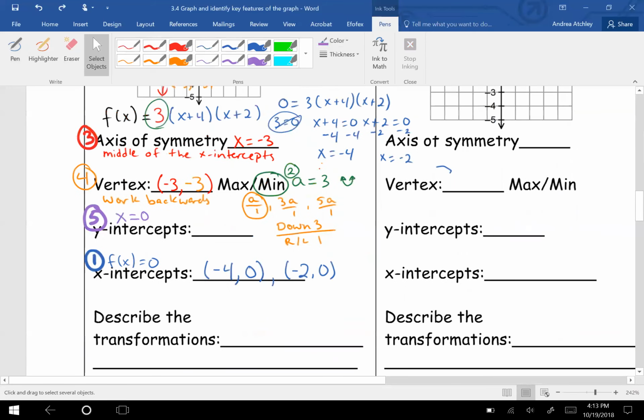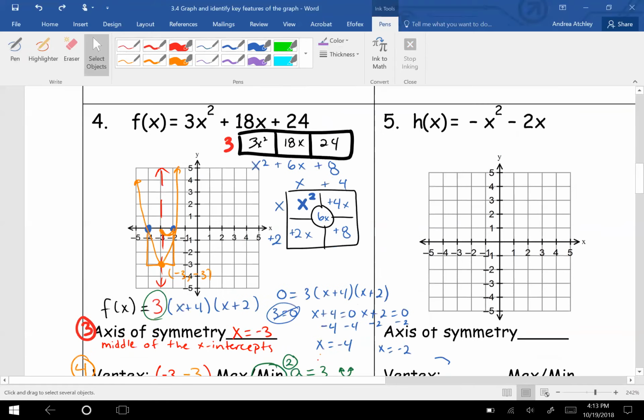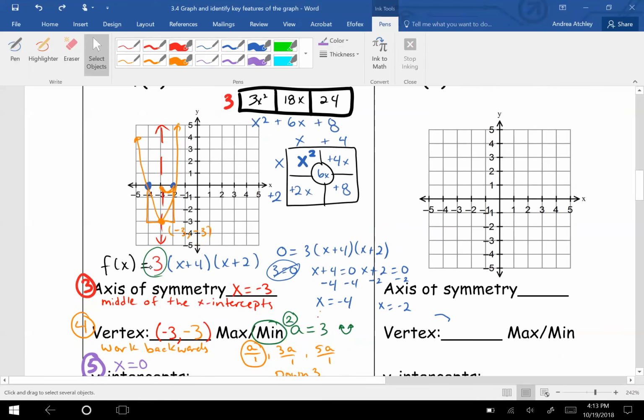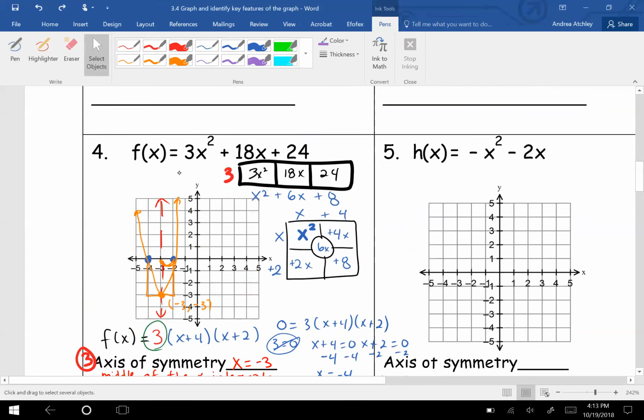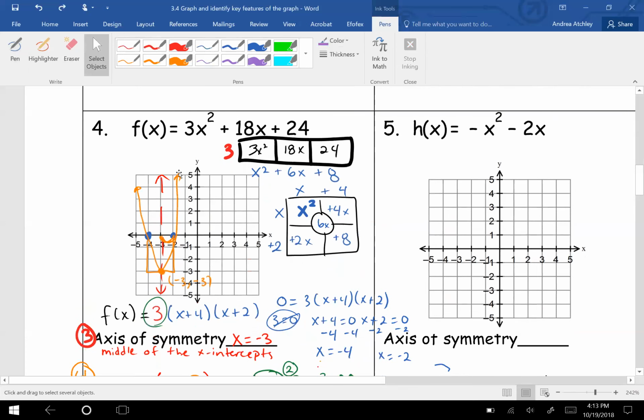I can plug it into factored form, or I can plug it into the original equation. Doesn't matter. I think I like to plug it into the factored form. It might be easier for me.